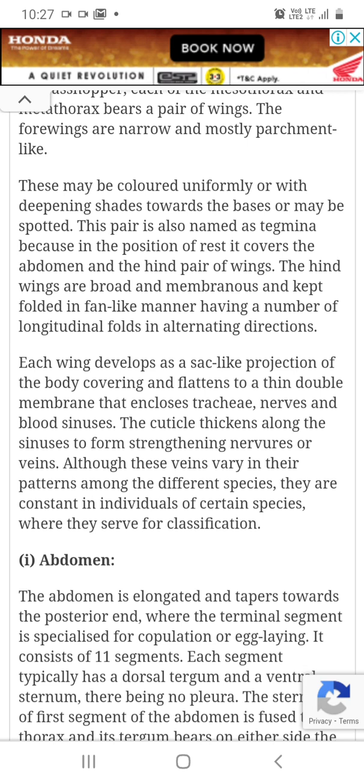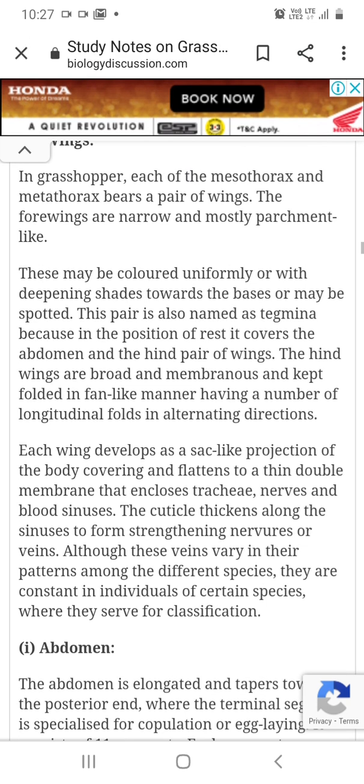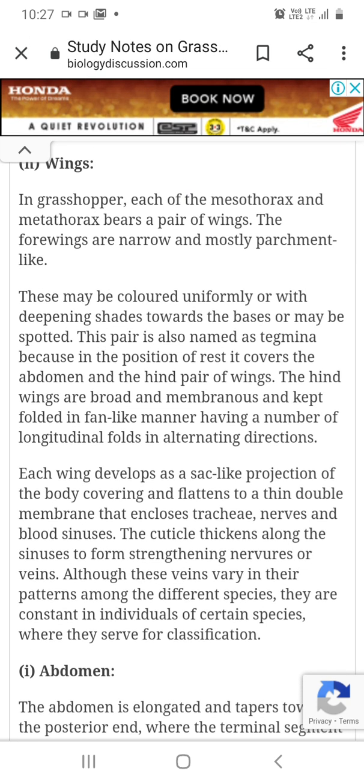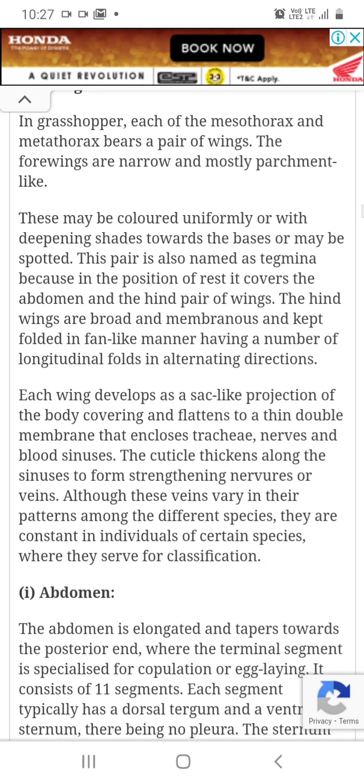Wings present in the mesothoracic region are long and leathery.